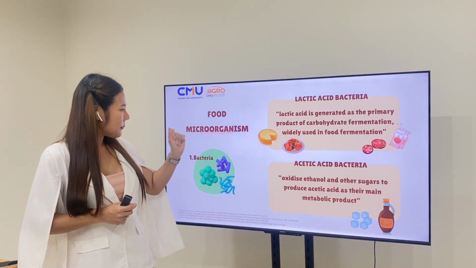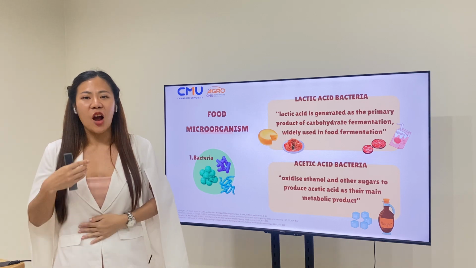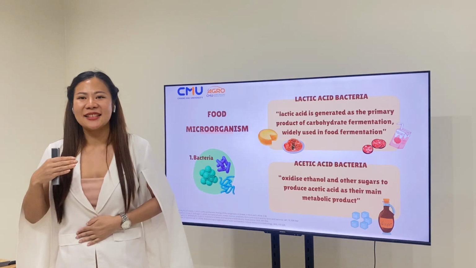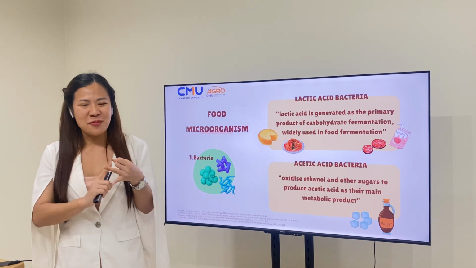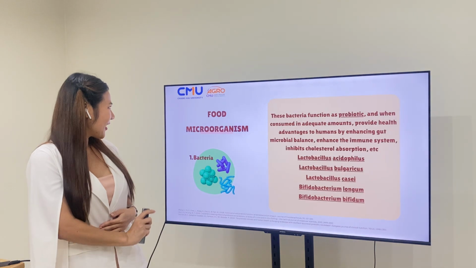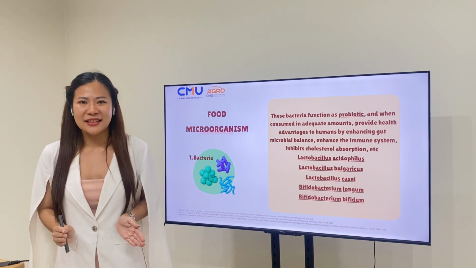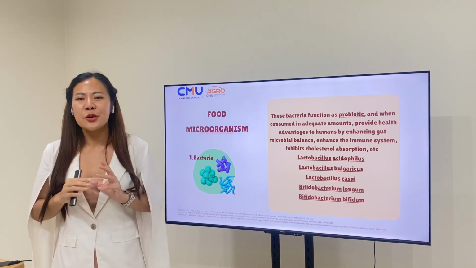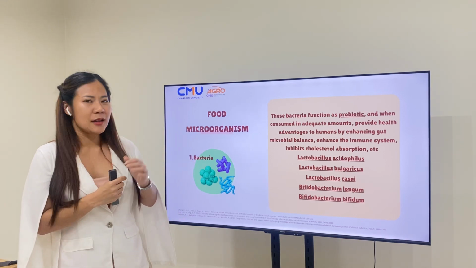The acetic acid bacteria are gram-negative bacteria that oxidize ethanol and other sugars to produce acetic acid. They are used to produce vinegar, kombucha, and nata de coco. These two kinds are probiotic bacteria that improve gut microbial balance, boost the immune system, and reduce cholesterol absorption.